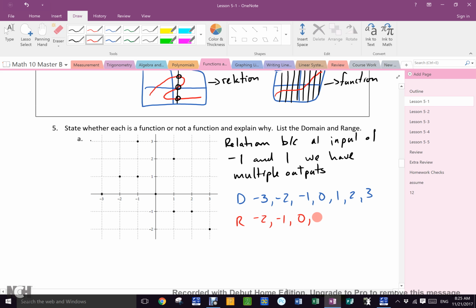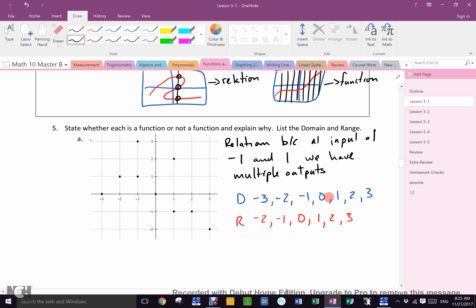Then what? Then what? 3. Now please notice 1, 2, 3, 4, 5, 6, 7 domain values, but only 6 range values. Right? And that's okay because these are not ordered pairs. Everybody with me?